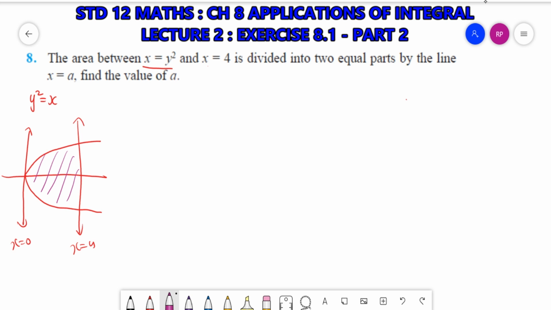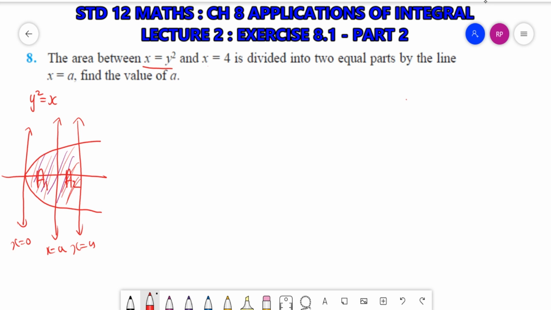Okay, it is divided into two equal parts by the line x equal to a. So now if I take a line, this one, okay, so it will be somewhere farther away. This is x equal to a. So now this area and this area both are equal, means a1 and a2.